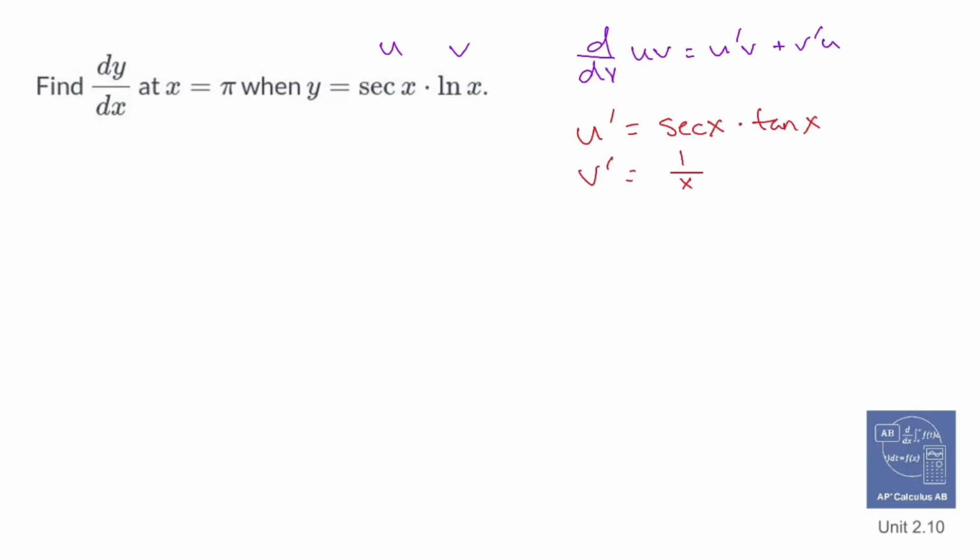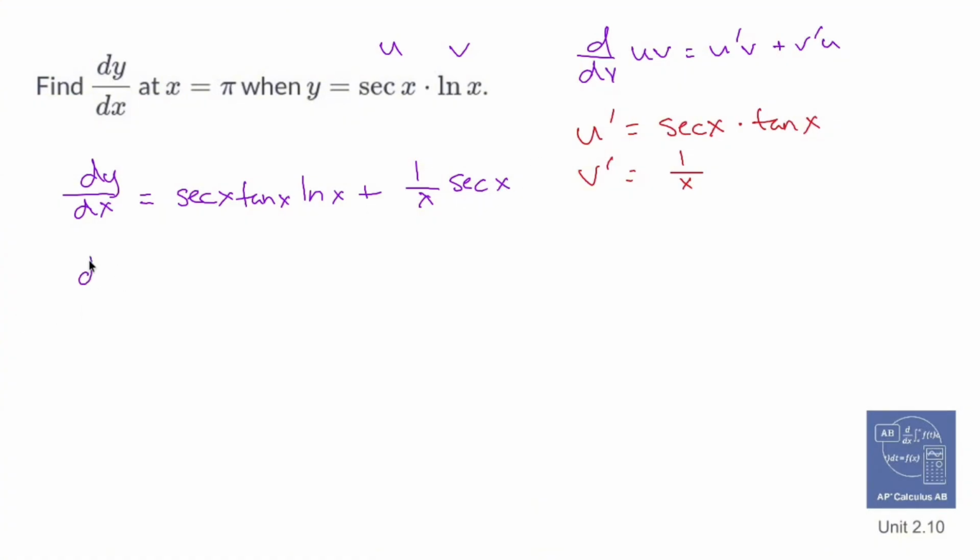So coming back over here, we can now put things together. dy dx is going to equal u prime v, so secant x tangent x times v, so times ln of x, not pretty, plus v prime, which is 1 over x, times u, which is secant x.